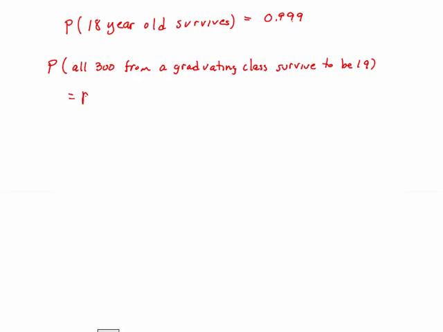that would basically mean we want the probability the first survives, I'll just use S for survives, and the second survives, and all the way down to the 300th survives.